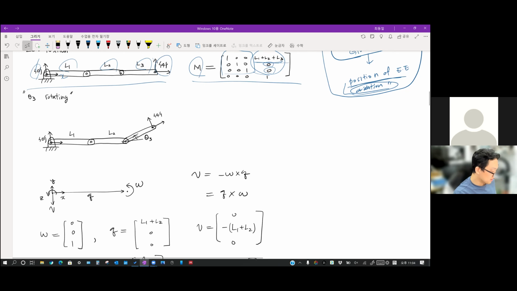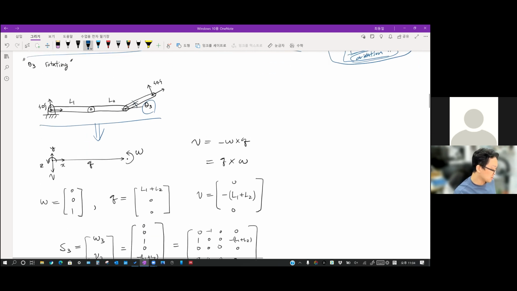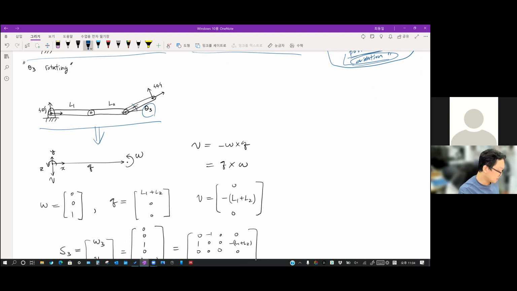And the last joint rotates by theta 3. This movement can be analyzed by screw motion. This one is the S frame, the original fixed frame, and there is a screw axis here.